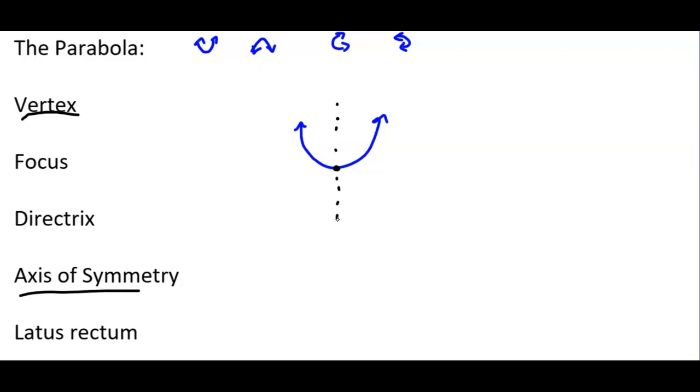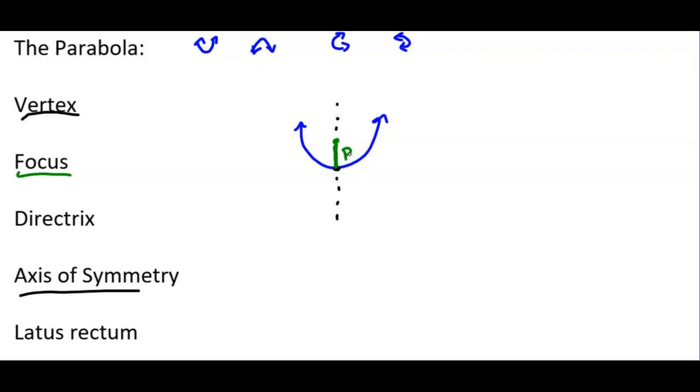Now we have to talk about some of the parts that we haven't maybe talked about a lot in the past. So there's a focus for a parabola, somewhere in there. And then there's this distance between the focus and the vertex, and that distance is p.